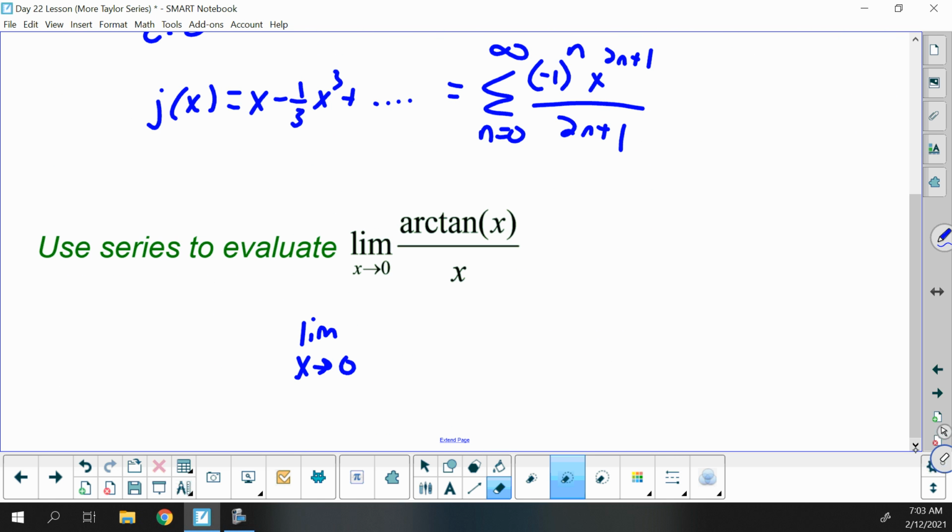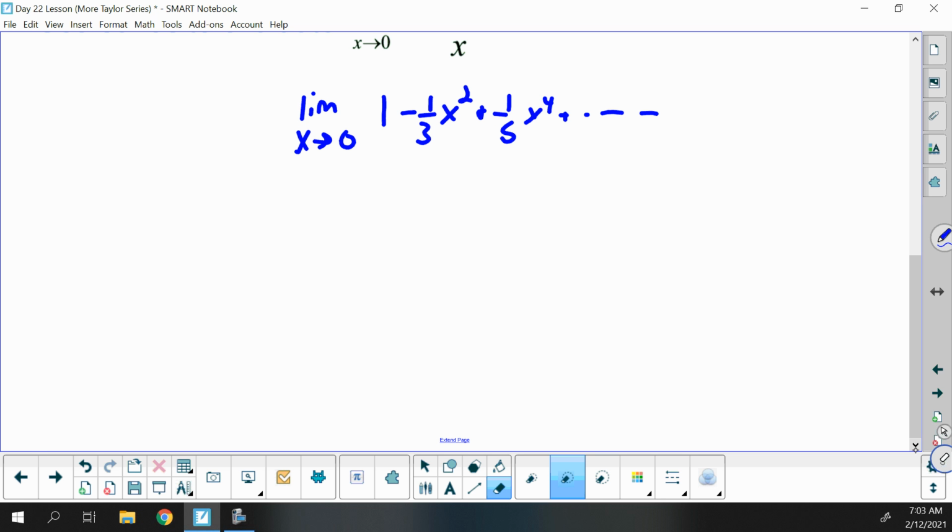So going back down to the bottom, we want to divide all of these things by x. x divided by x is 1. The x cubed divided by x will now give us negative 1/3 x squared. The x to the 5th divided by x will give us plus 1/5 x to the 4th, and so on. Well, as x goes to 0, this is just going to approach 1.